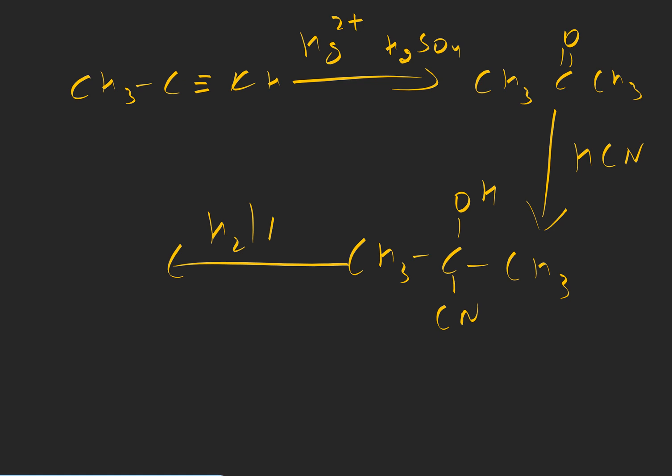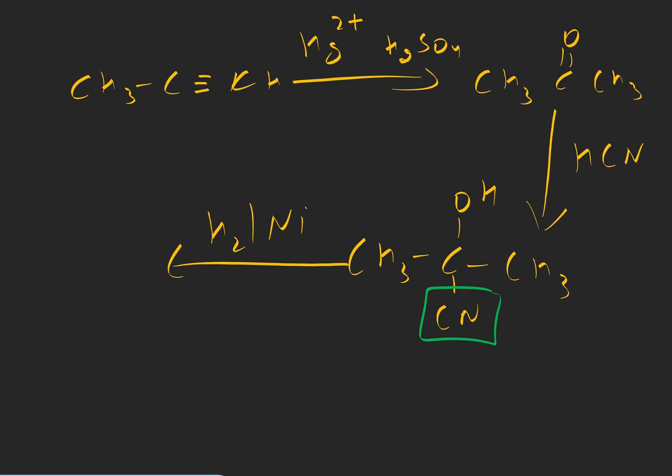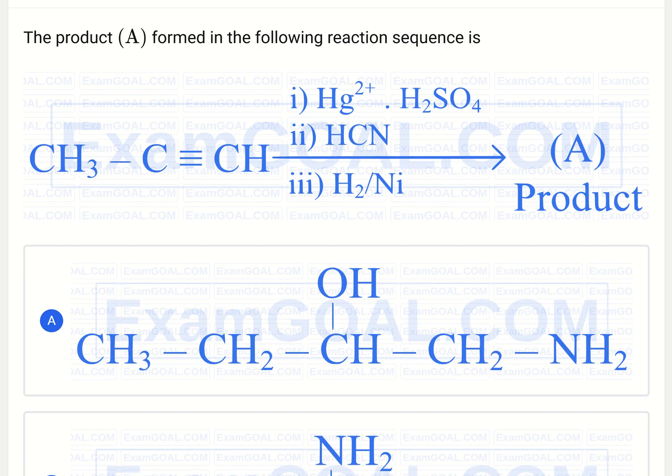Third is hydrogen and nickel. Hydrogen in the presence of nickel, it is what? It is the Mendius reduction which will reduce cyanide to amine. So what I will get? I'll get the product CH3, C, OH, CH3, CH2 and NH2. So this is the product that we get. Let us check from the options.